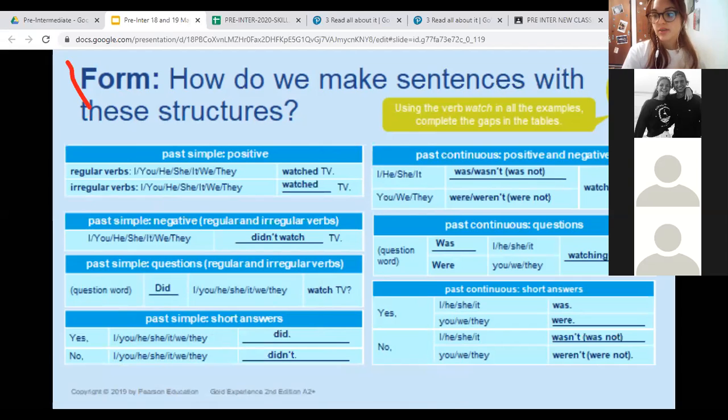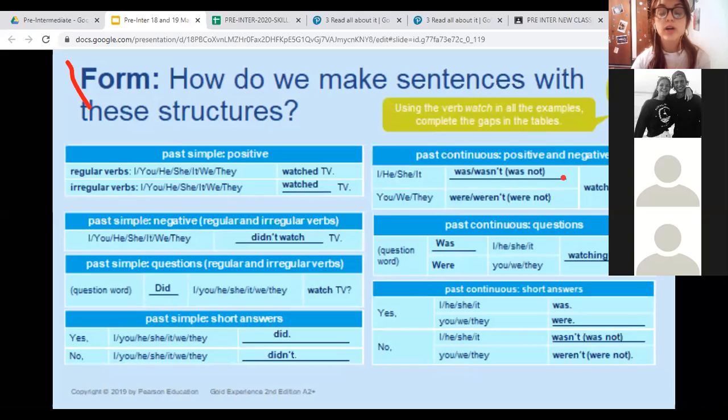Good. Then we have past continuous. The structure is very similar to the present continuous. Here we also have the verb to be and the verb in the ing. What is the difference? Instead of saying am, is, or are, what are we saying? Was, were. Good.